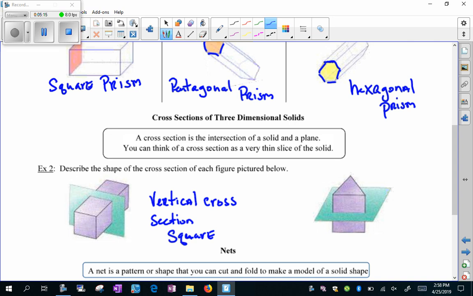The next one is going to be a horizontal cross-section. So I'm going to write that down. When I slice that solid horizontally, that's going to be a triangle. Again, we will see that crystal clear tomorrow.